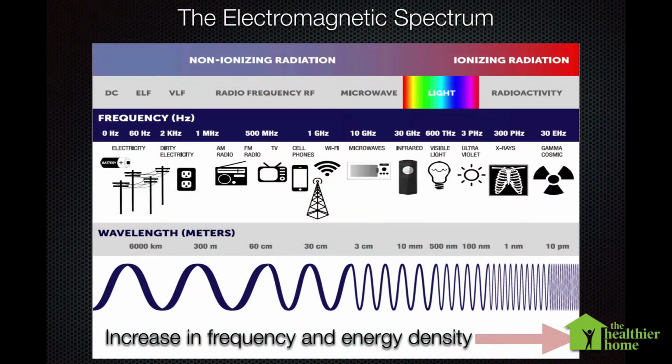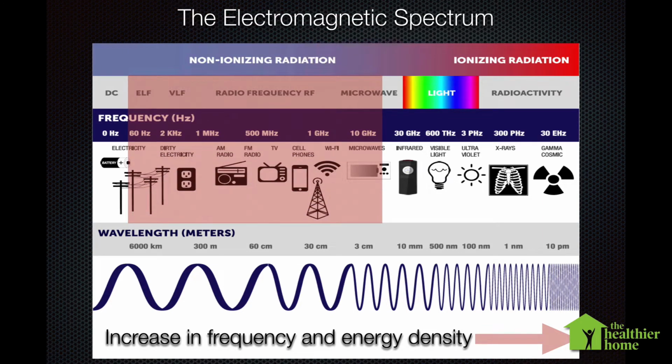So the ranges of frequencies that we're going to talk about when we talk about EMFs in our living space are all the frequencies that exist within this red box right here. So this is really what we're going to tackle when we're talking about artificial EMFs in our environment.